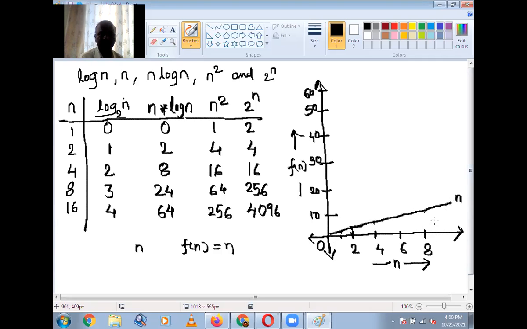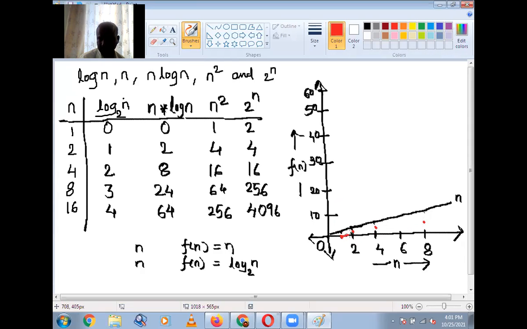Okay, then n and f of n, f of n is equal to log of n with base 2, that is 1 0 from here, then 2 1, then 4 2, then 8 3.